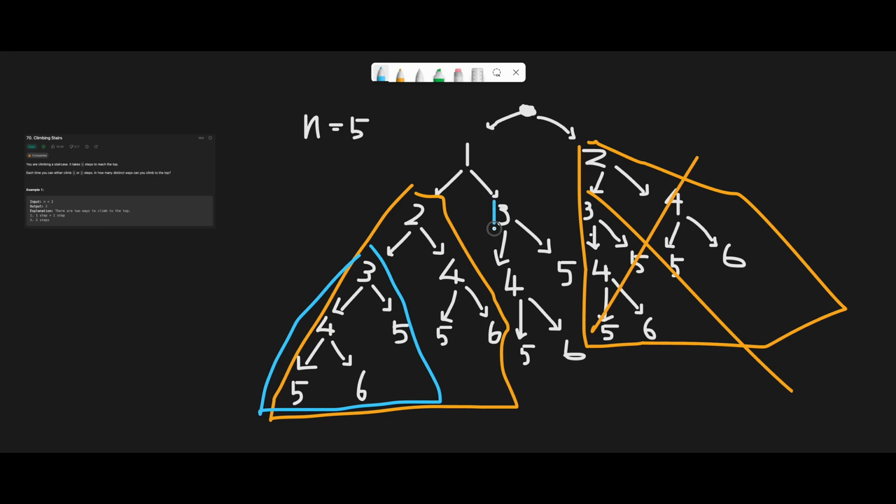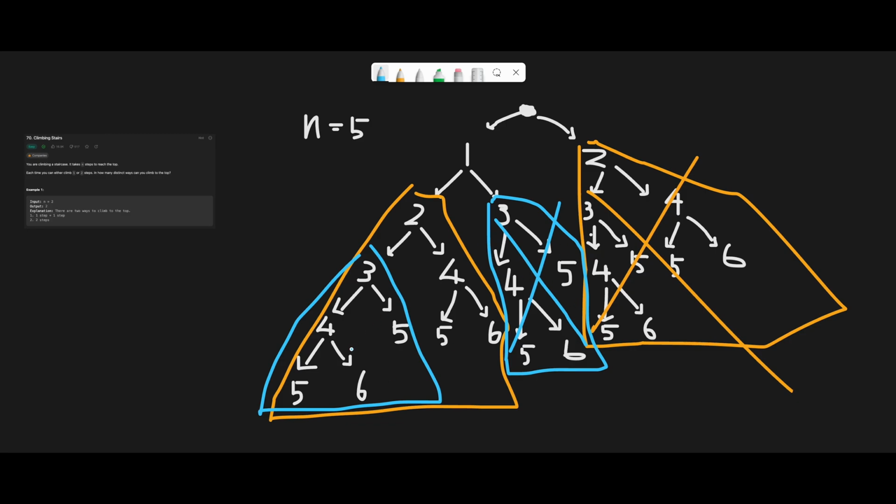Let's see this area: 3, 3, 4, 5, 4, 5, and 5, 6, 5, 5, 6. They are exact same structure. So we don't have to think about these parts, because we already have a result of this subtree. If we take a note, we don't have to calculate again.